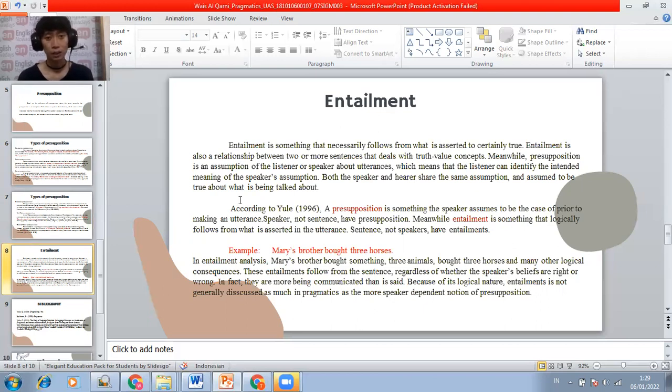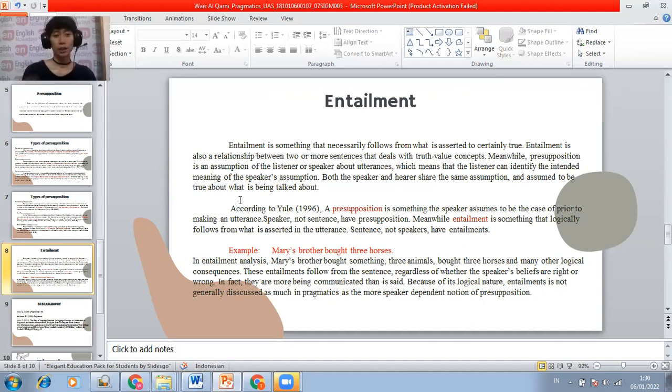So one is an assumption and one is a truth value concept, something real that cannot be presupposed since it deals with a truth value concept. Moving on, in presupposition, both the speaker and the hearer share the same assumption and assume to be true what is being talked about.